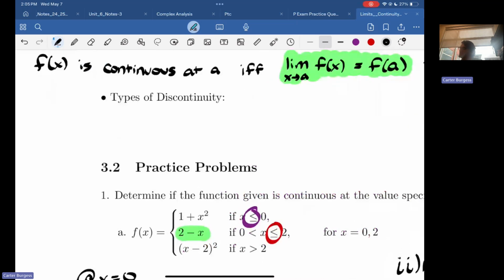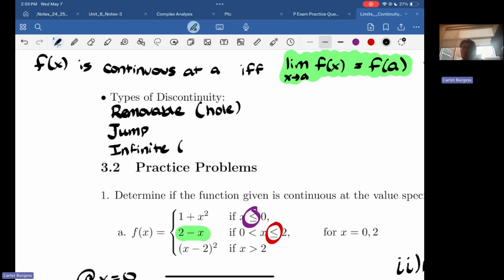We can classify discontinuities as removable, which we've seen before. We will also refer to these as holes. We could classify them as jump discontinuities, or we could classify them as infinite discontinuities, which we've actually also already seen before. These are vertical asymptotes.